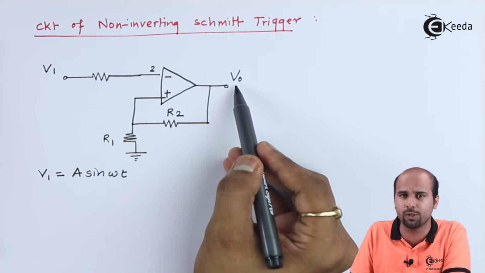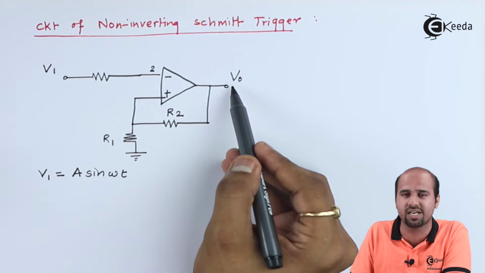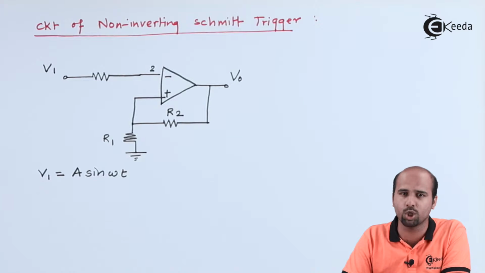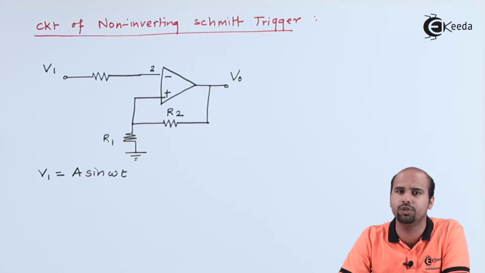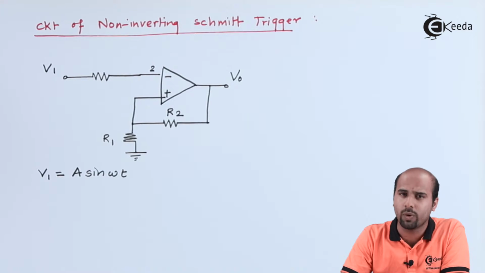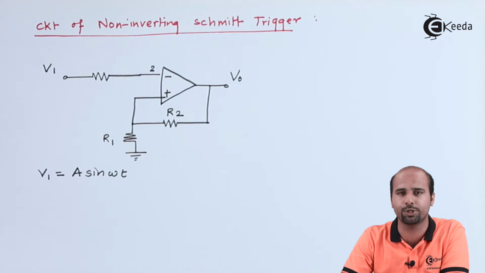It is fluctuating in between plus Vsat and minus Vsat. This is because this Schmitt trigger is based on the operation of comparator circuit, and comparator is giving output voltage plus Vsat if your non-inverting terminal voltage is dominating over inverting terminal, and vice versa if your inverting terminal is dominating, VO is equal to minus Vsat.